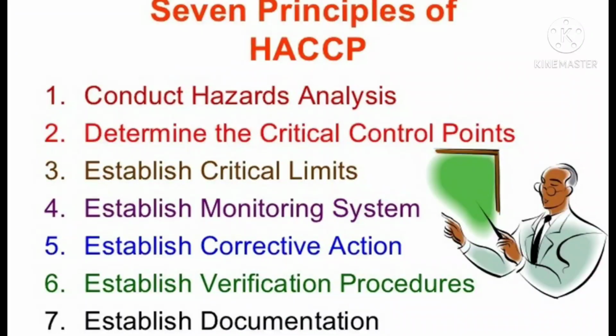HACCP is based on the 7 principles, which are: conduct hazard analysis, determine the critical control points, establish critical limits, establish monitoring system, establish corrective action, establish verification procedures, and establish documentation.